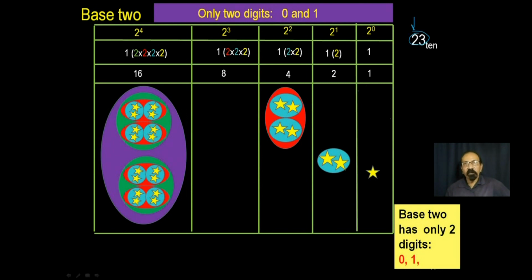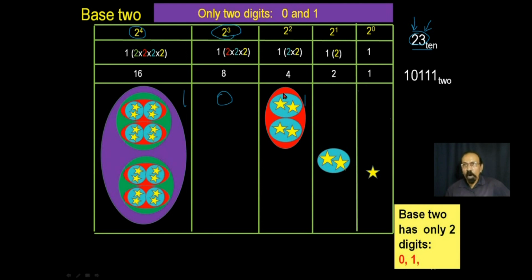That is 2 groups of 10 and 3 single stars, if we were dealing with base 10. But in base 2, this number that we have here is written like this: 1, 0, 1, 1, 1. We have one group of 2 by 2 by 2 by 2, that's one group of 2 to the fourth. We have no group of 2 to the third.